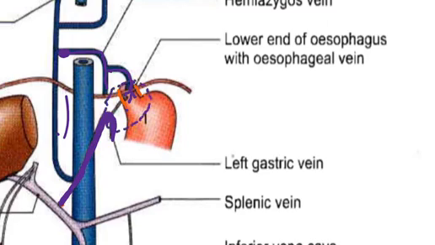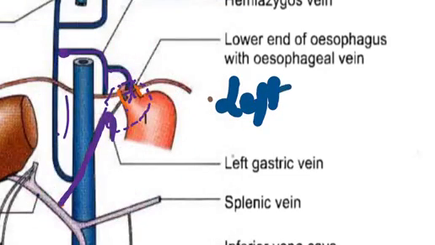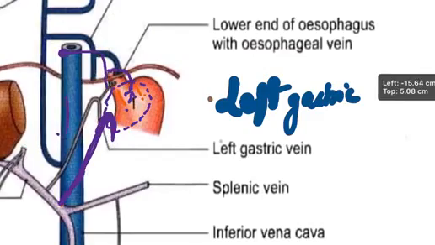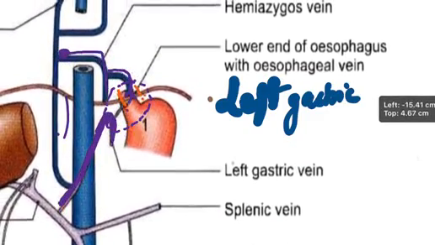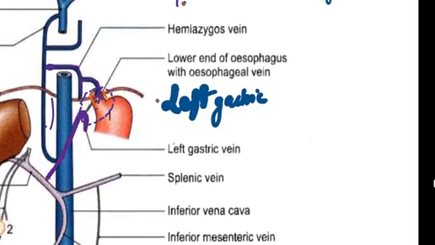So the first site, the lower end of the esophagus, the portal part is the left gastric vein, and the systemic part is contributed by the esophageal veins.